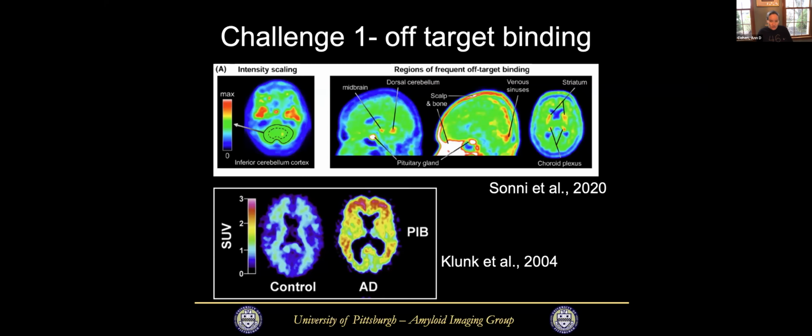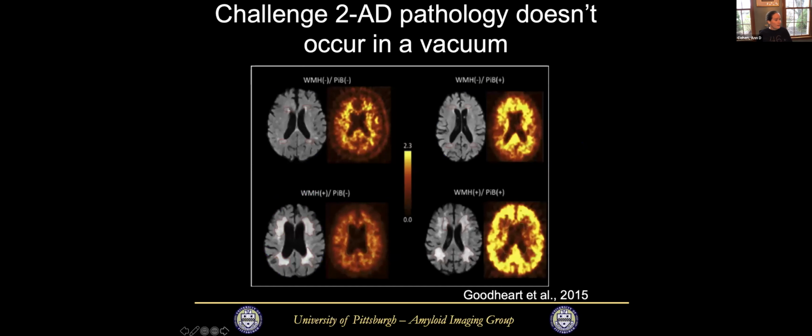But that doesn't change the fact that people have data from thousands of individuals using this tracer. So we really need better methodologies to distinguish choroid plexus from brain structure or from brain gray matter, so that we can determine where there's real uptake of the tracer.